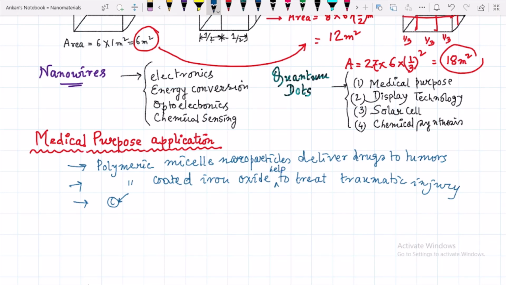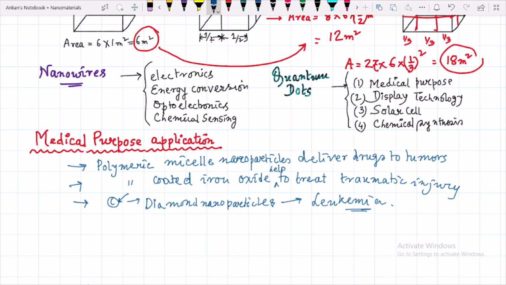That is why it is very important. Diamond nanoparticles are very important for researchers to use in chemotherapy drugs to treat leukemia or skin cancer, etc. So these are some basic applications of nanomaterials used for medical purposes, which are very important nowadays.